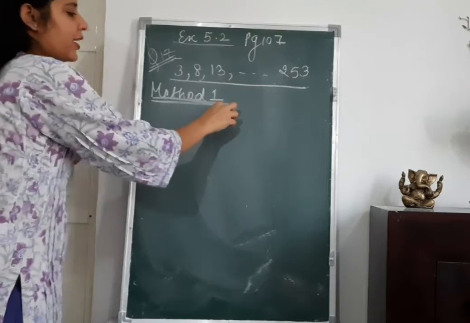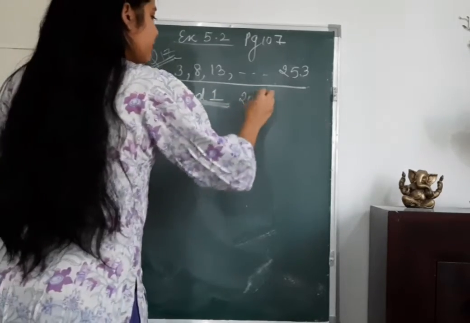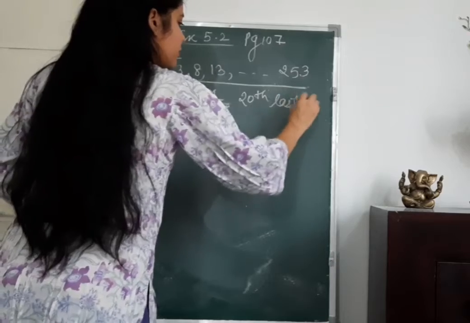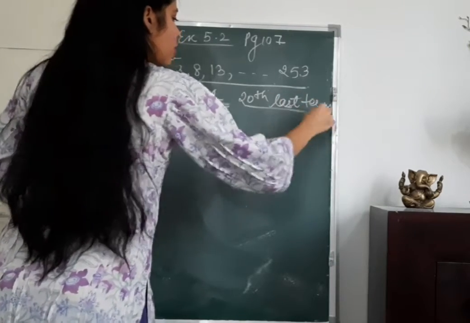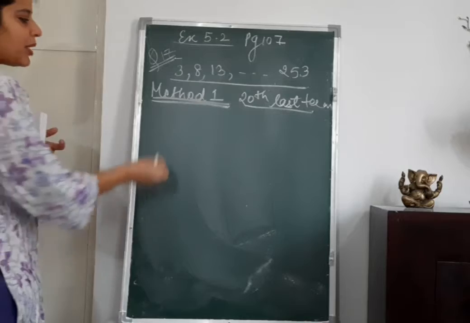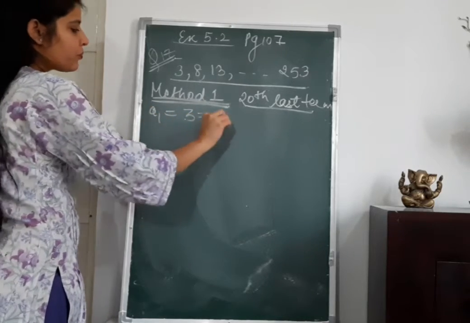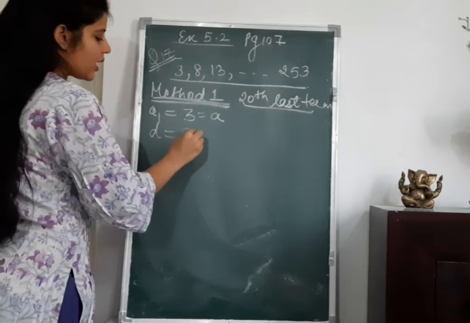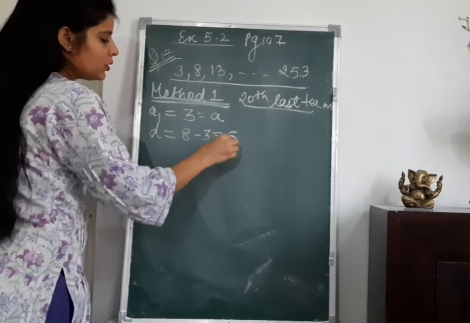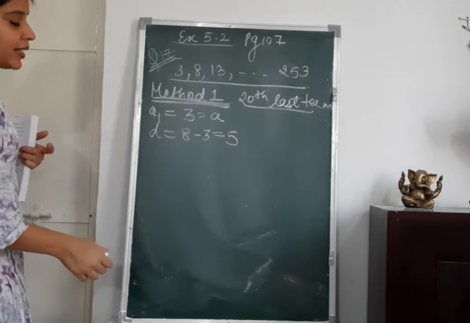See, I need to find out the 20th last term. What are the things we have in this AP? We have the first value of the series, a equals 3. Common difference d will be 8 minus 3, that is 5, right?